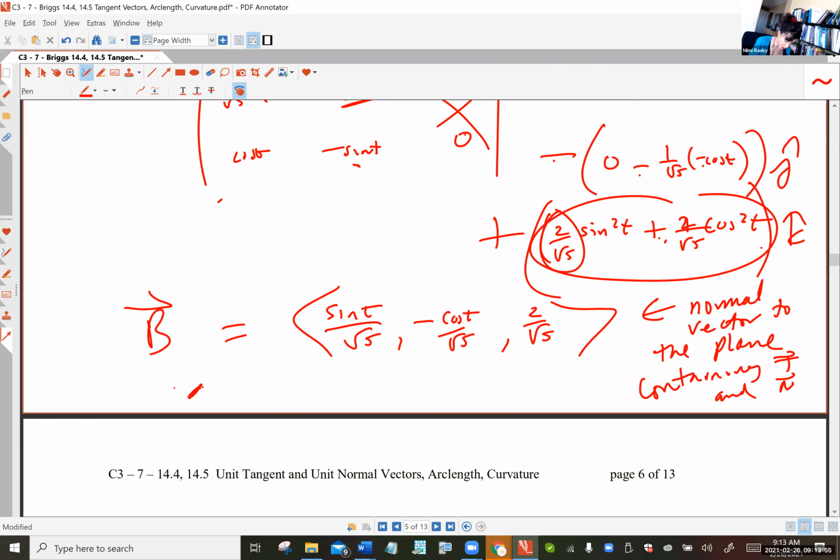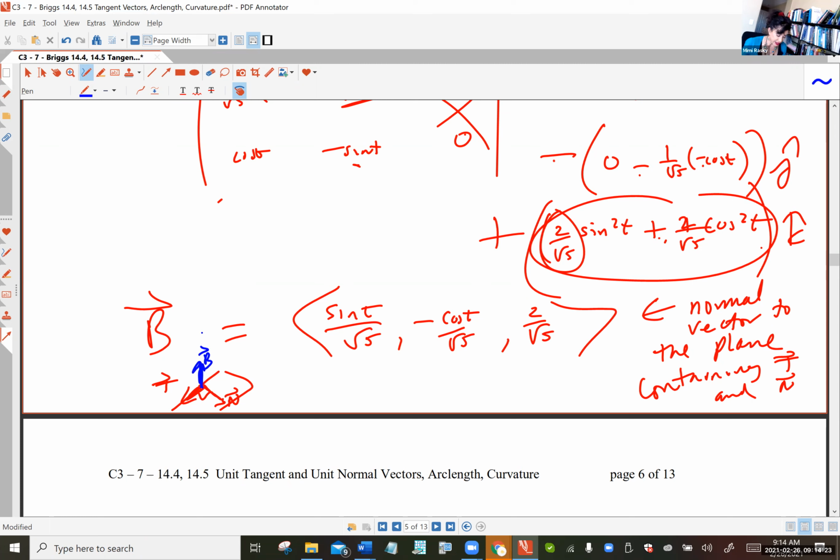Let's say T were pointing that way, like out of the page, and then N is orthogonal, making a 90-degree angle with big T. Then you can think of these as being in a plane. The B vector is a vector that's normal to the plane that would contain T and N. So it's orthogonal here. There it is. And that's sort of the important concept.